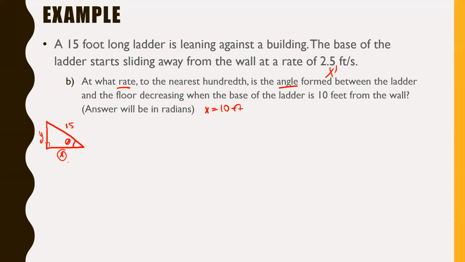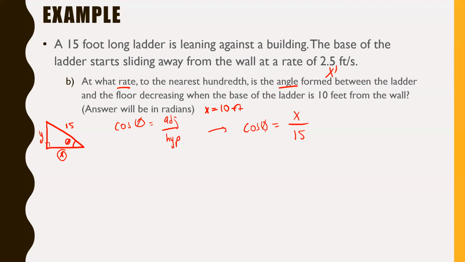In this case, because all of our clues are hinting us to use x, I'm going to lean towards using cosine, because cosine of an angle is the adjacent side divided by the hypotenuse. And the adjacent side in this triangle is your x. So let's set this up. A relationship that exists here is cosine theta equals your adjacent side, which is x, divided by your hypotenuse, which is a set in stone 15 always.